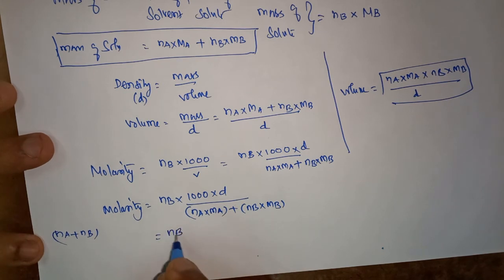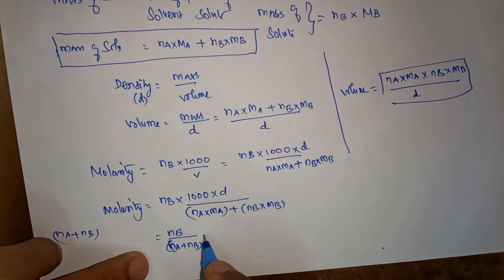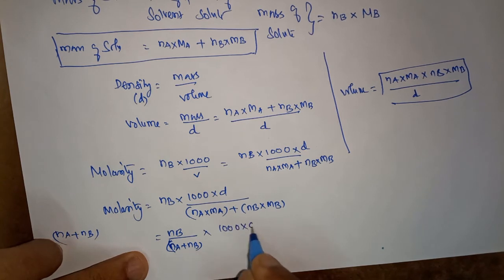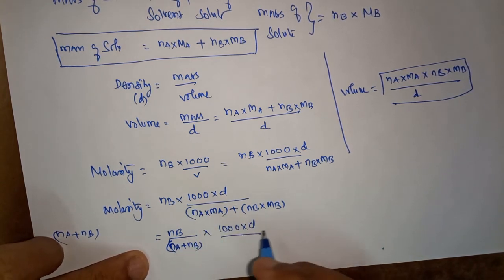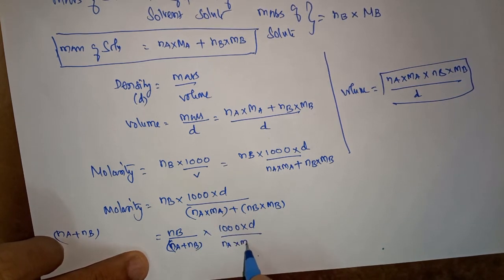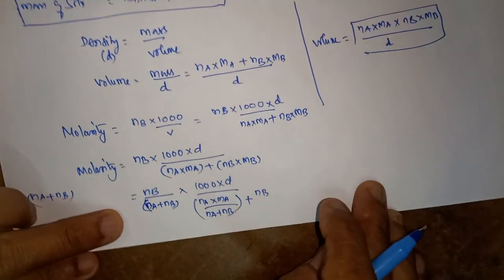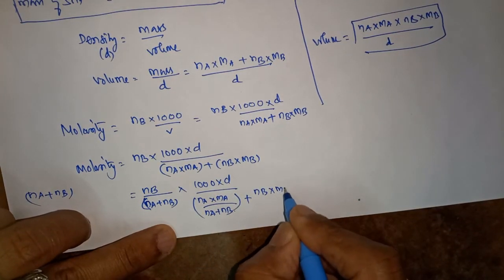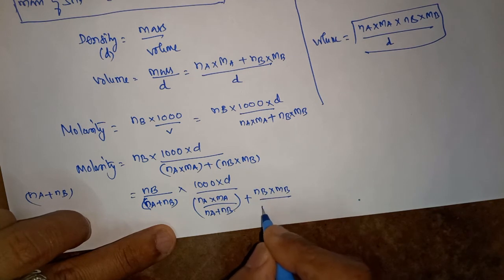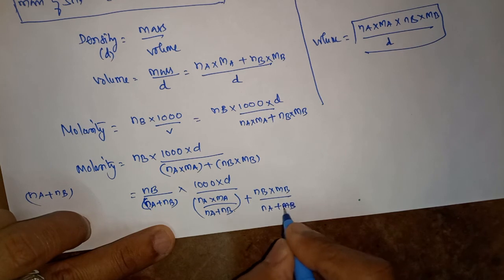I write Nb by Na plus Nb, into 1000 into D. This is the numerator. The denominator I divide the same way: Na into Ma whole divided by Na plus Nb, plus Nb into Mb whole divided by Na plus Nb.